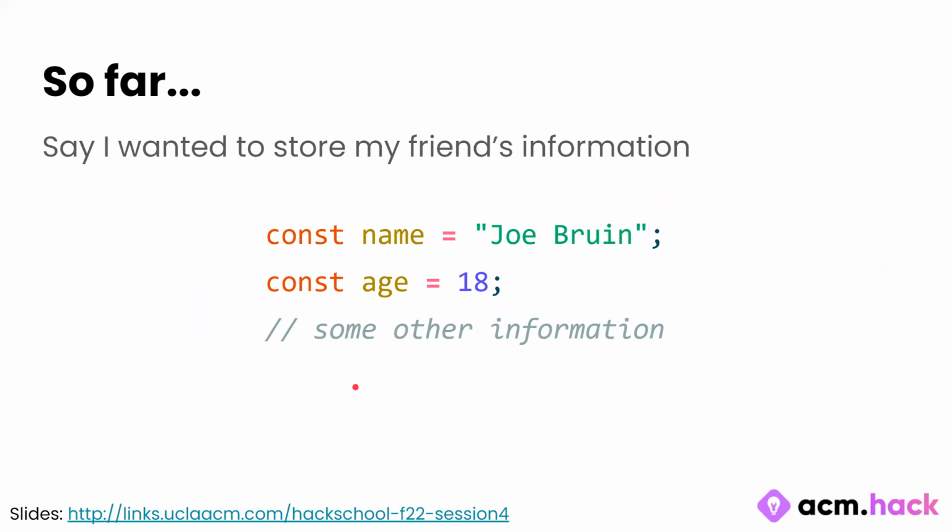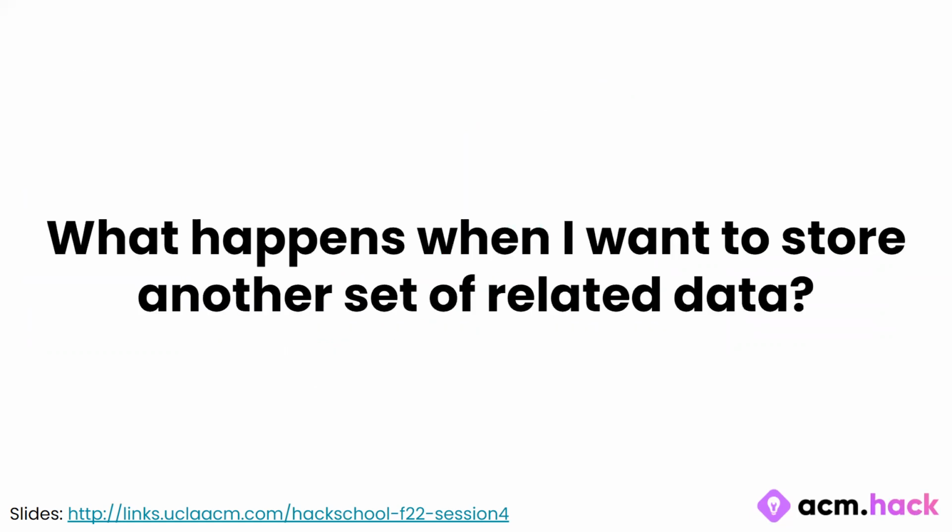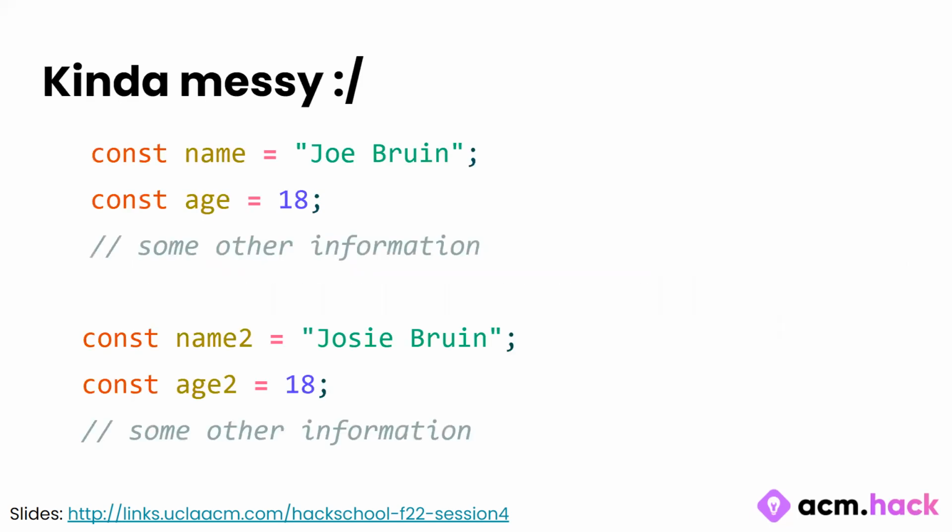Now, let's say I want to make another set of information for another friend. I could probably name the variable like name2 or age2 and have all the information here. And this starts to get really messy, especially if there's more friends and I want to make more information.